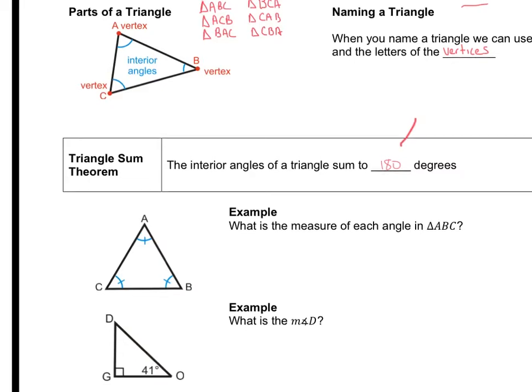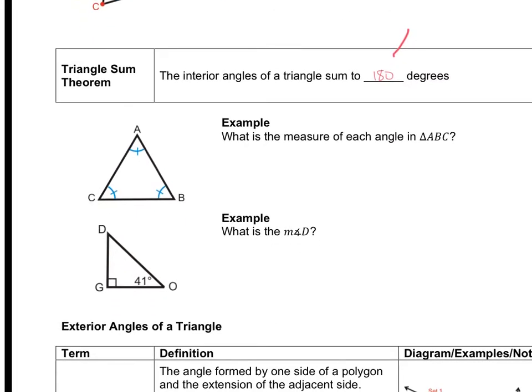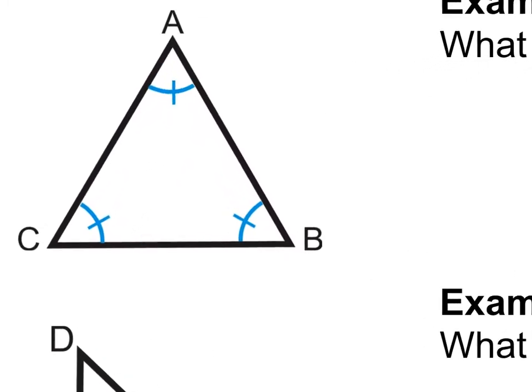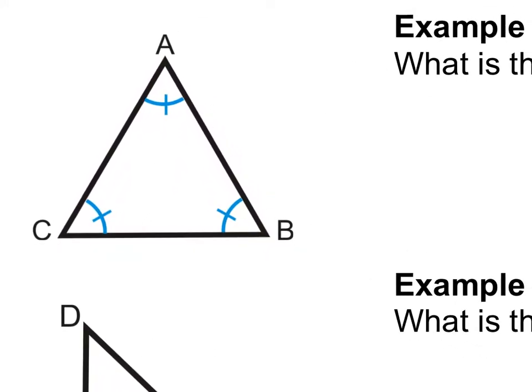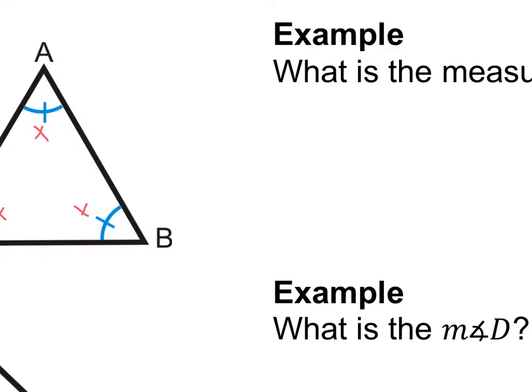So if I take a look at this next example, what is the measure of each angle in triangle ABC? I can see that each of these angles are all the same, so I'll label them x each. The triangle sum theorem says that if I sum them, that should be equal to 180.